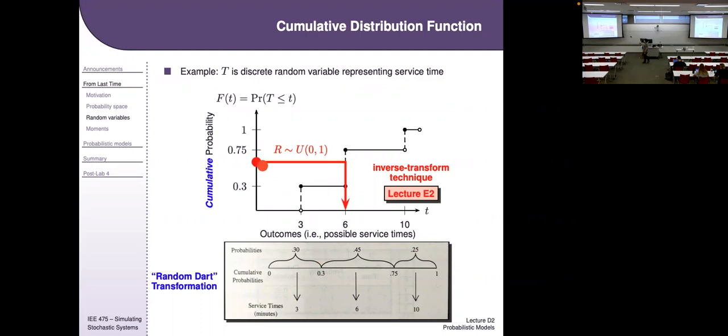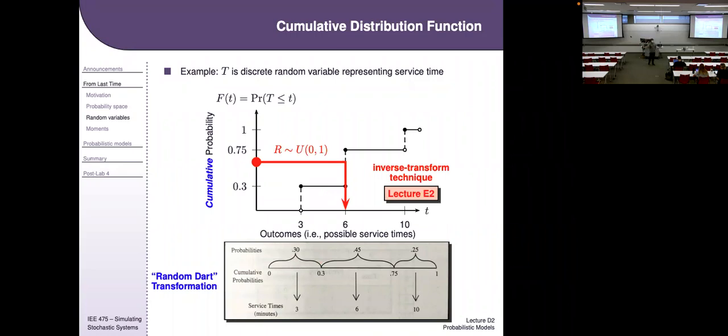So if I draw 100 uniform random variables between 0 and 1, and then I see what outcomes come out of that, 3, 6, and 10 across those 100 trials, then what I will find is that 3 comes out 30% of the time, 6 comes out 45% of the time, and 10 comes out 25% of the time.